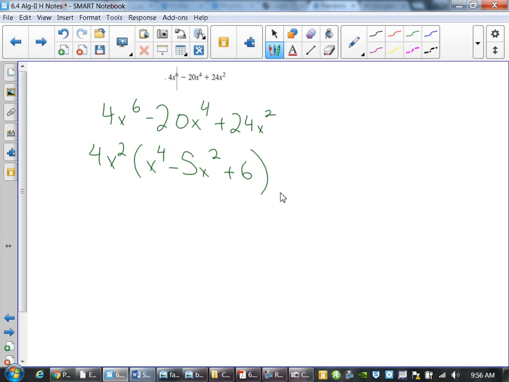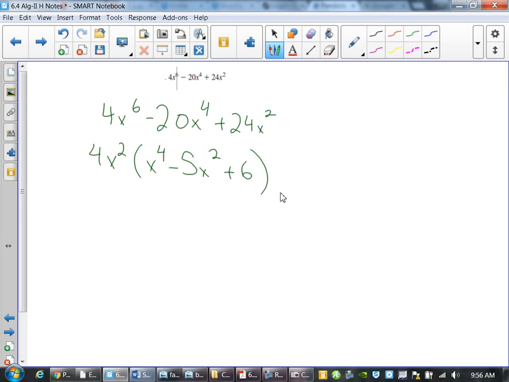Here comes a nice little trick. Inside the parentheses for that trinomial, notice that the first term has a degree of 4, the second term has a degree of 2, and the last one is just your constant. When they're going down in half like that, treat it just like you would a regular trinomial with x squared and a constant. So what times what is positive 6 that you add together to get negative 5?